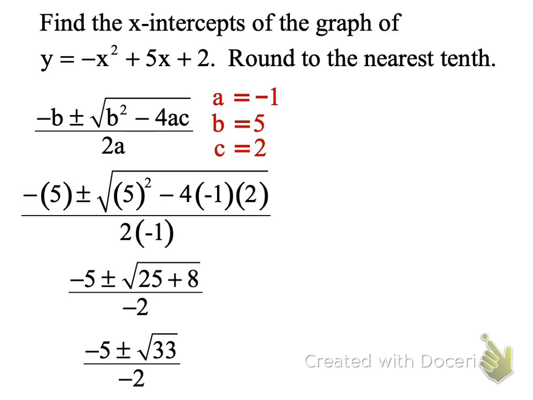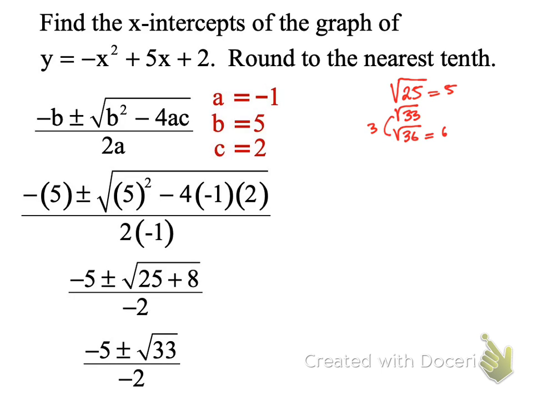So if I were asking just for the solution, I could stop here, but it's asking us to round to the nearest tenth. So in this case, 33 falls between what perfect squares? 25 and 36. So it falls between 25, I've got 33, and 36. So that is 6, that's 5.